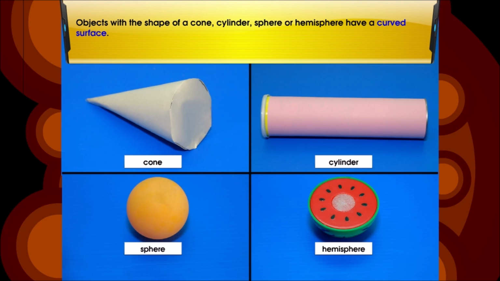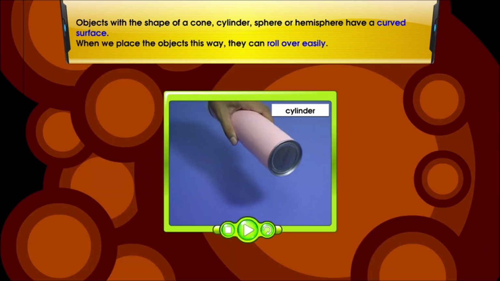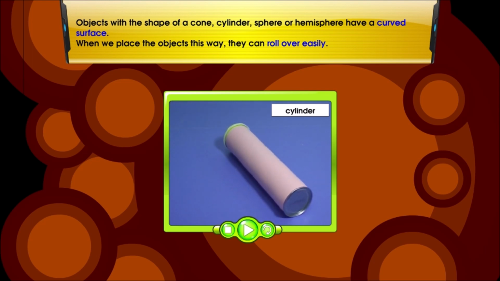Objects with the shape of a cone, cylinder, sphere, or hemisphere have a curved surface. When we place the objects this way, they can roll over easily.